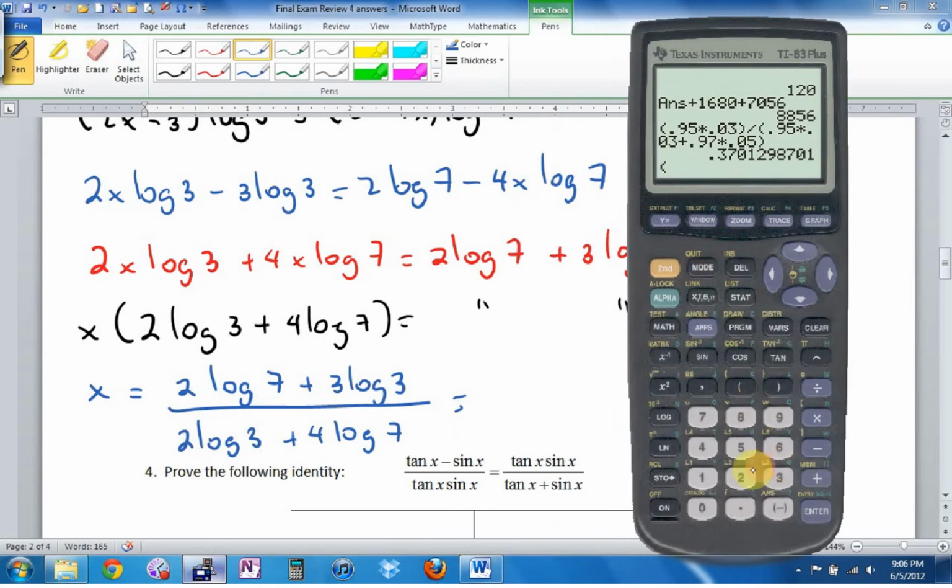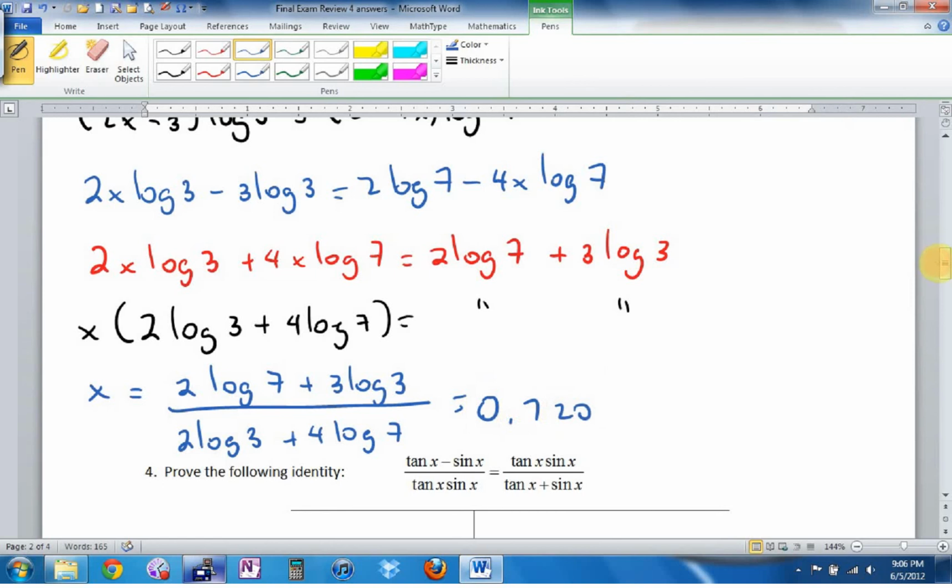Bracket 2 log 7, close off the log, plus 3 log 3, close off the log, close off the top, divided by bracket 2 log 3, close off the log, plus 4 log 7, close off the log, close off the bottom. I'm pretty sure the answer is 0.720.